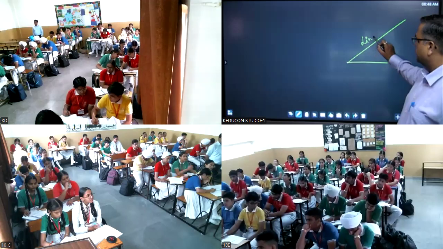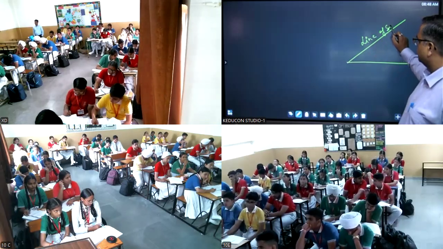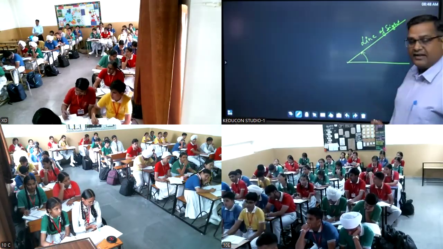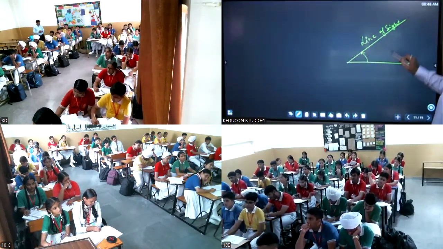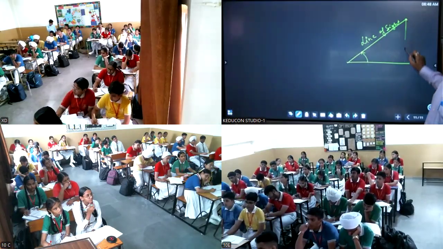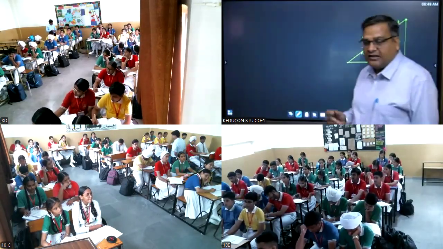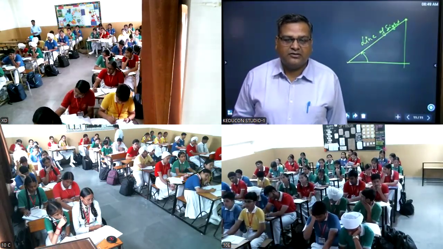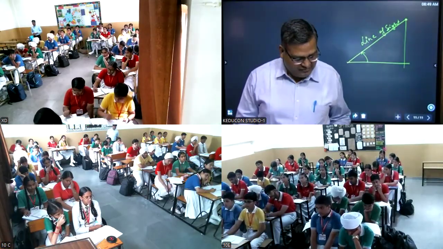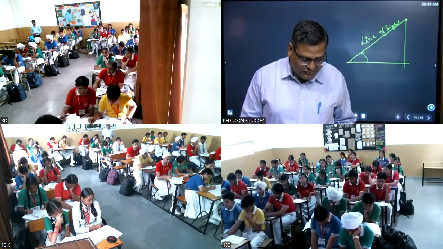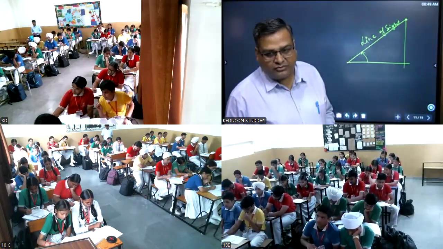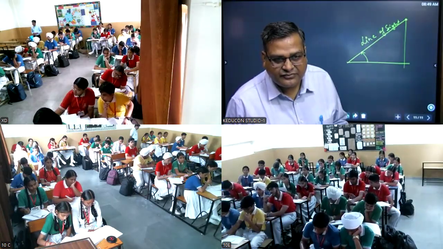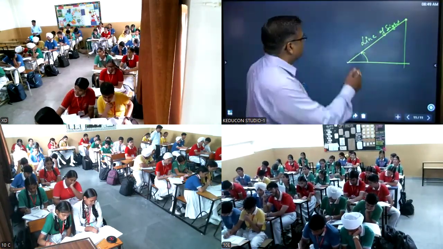So it is the angle between the line of sight and the horizontal when the object is above the horizontal. If the object is below, the angle of depression is formed. So this is a true statement. Both are true. Is it the correct explanation? No. So the answer will be option E.